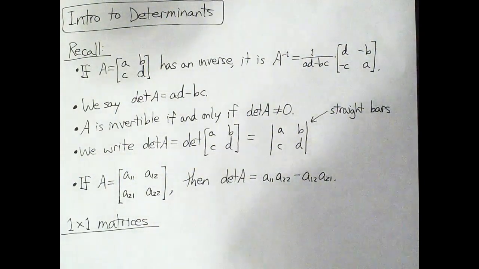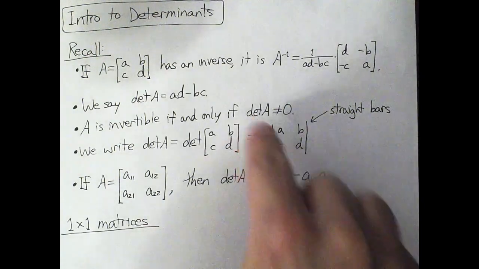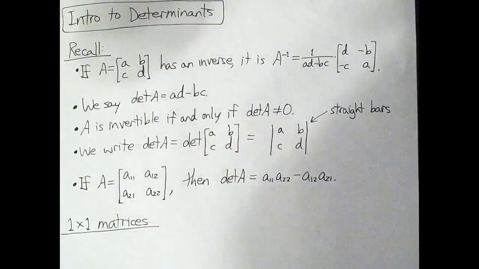What does it mean for a matrix to be invertible? Besides this determinant thing, what does it mean to be invertible? A matrix times its inverse equals the identity matrix. That's important, right? A times A inverse equals the identity matrix. And also the other way around, A inverse times A equals the identity matrix.